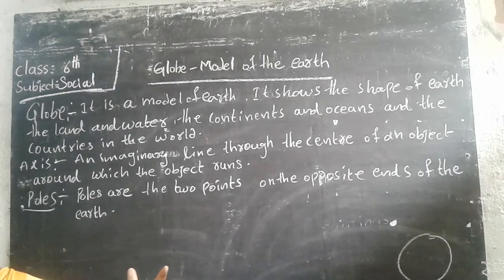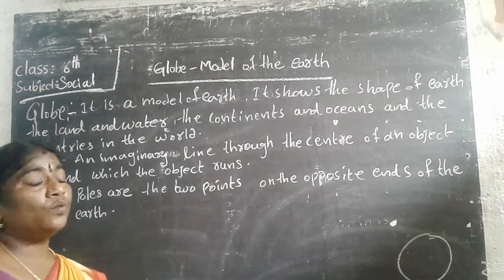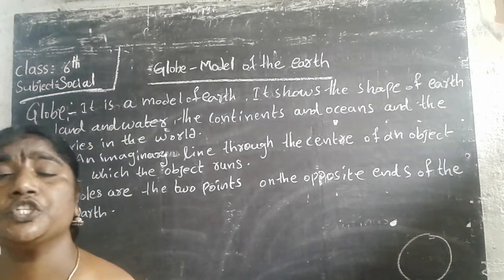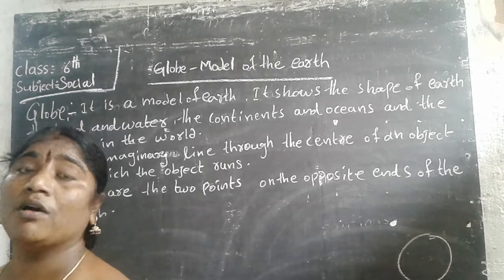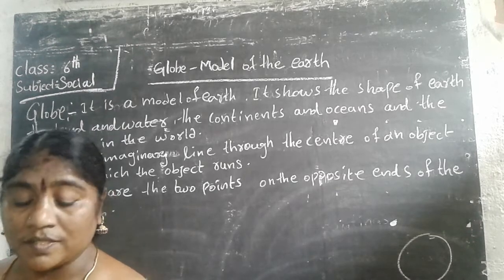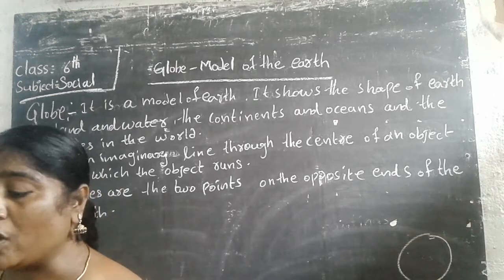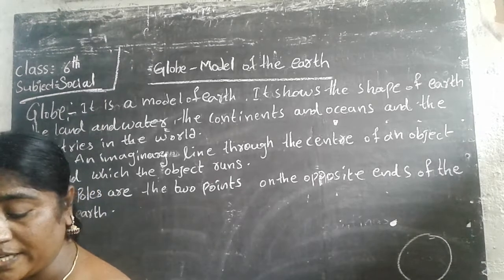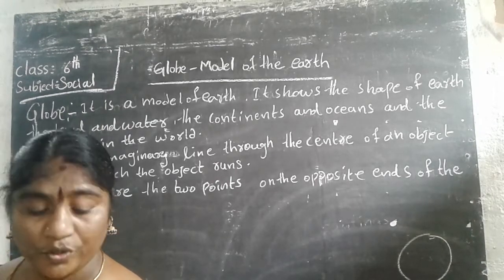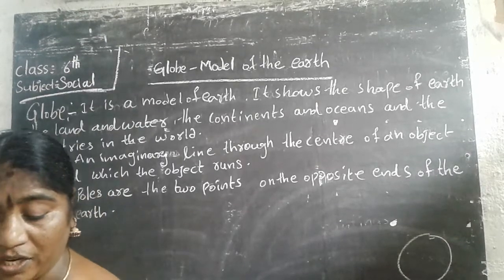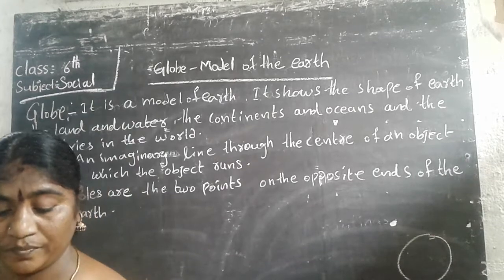And next we have to know what the globe contains. It shows all the oceans, countries, continents, states, everything located on it. How many continents are there?